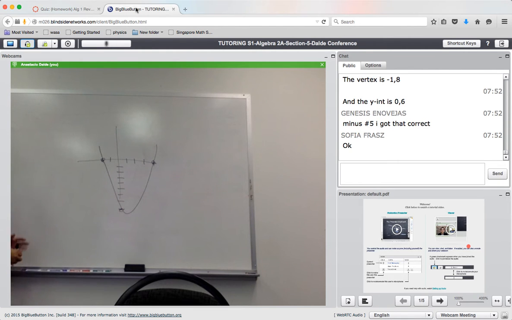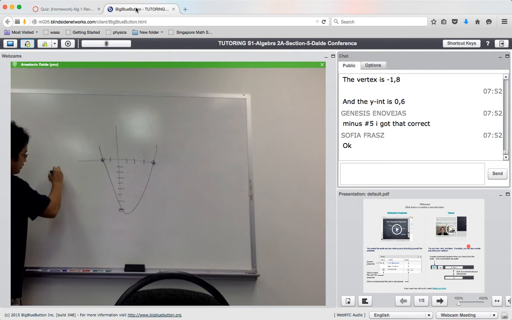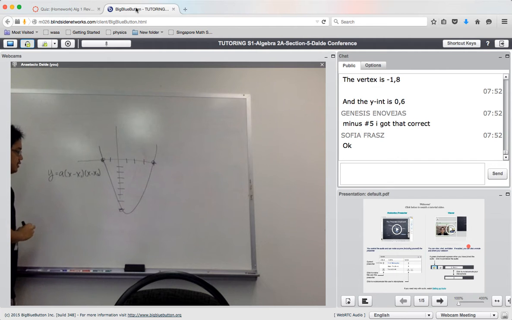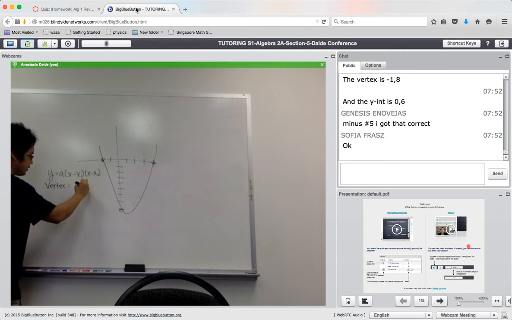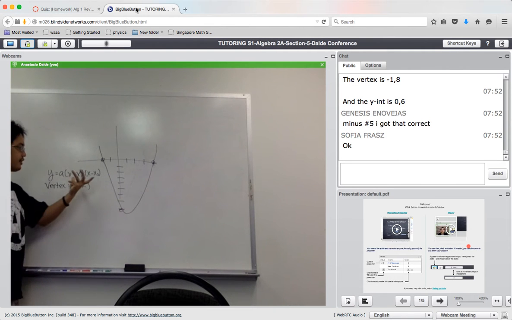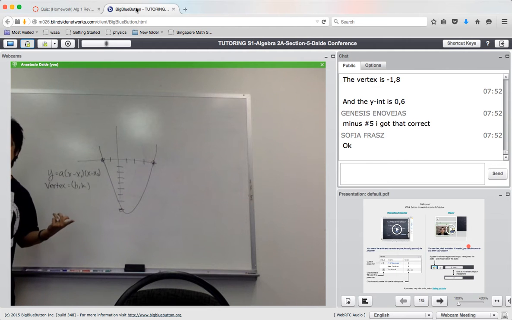The answer is going to look like this: y is equal to a times x minus x1 times x minus x2, and the vertex is going to be h comma k, or x comma y, or something like that. And there are 5 different numbers that you need to put in here. So I ask you this question 5 different times.